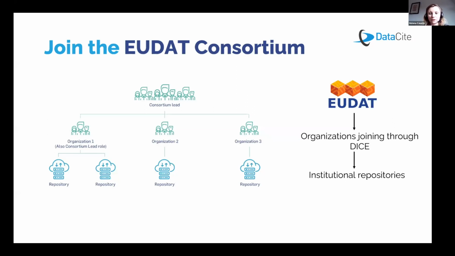And every repository has its own prefix for DOI registration. And so within the DICE project, EUDAT leads this consortium. So if you apply to participate in this opportunity, you join the EUDAT consortium. So you become a consortium organization in the EUDAT consortium, and you can then set up your own repositories underneath, 1 or more repositories with your own prefixes.